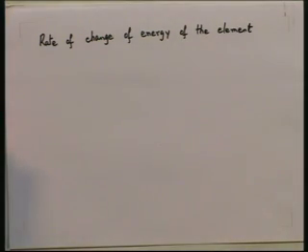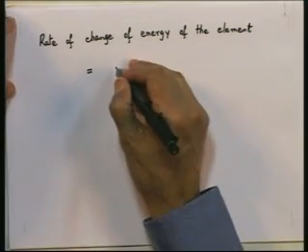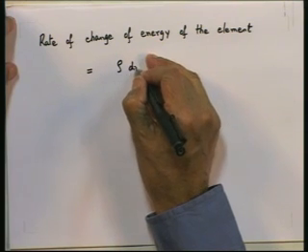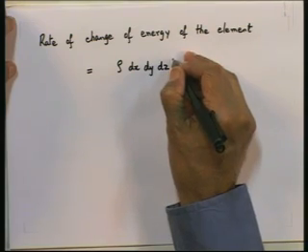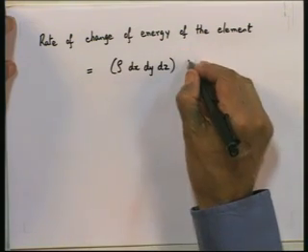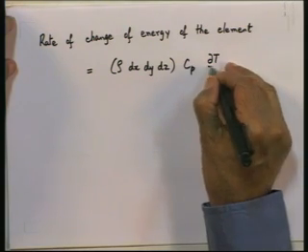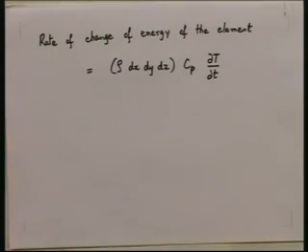This will be equal to the mass of the element, that is rho dx dy dz, into the specific heat of the material into the rate of change of temperature dT dt. That is the rate of change of energy of the element, and this we will call as 3.